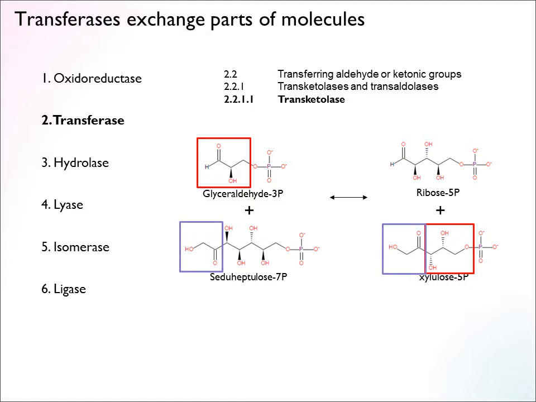And at the same time, it takes these 2 carbons from the 7-carbon sugar sedoheptulose and sort of joins those to the other 3 and forms a 5-carbon sugar. And then the remaining 5 carbons of sedoheptulose are going into ribose. So it forms 2 5-carbon sugars from 1 3-carbon and 1 7-carbon. So this is a typical kind of cut and paste type of reaction that the transferases catalyze.